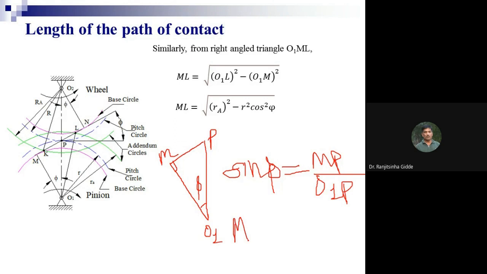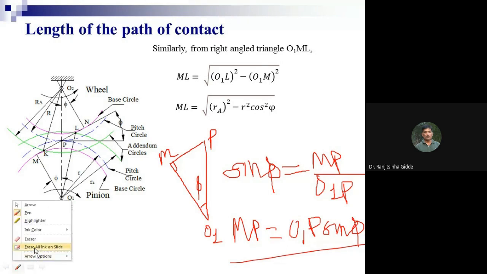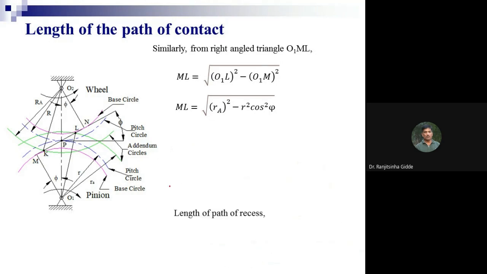So we can get, therefore mp is equal to O1p into sine phi, right? So this value we got for mp. Therefore mp is equal to r sine phi.